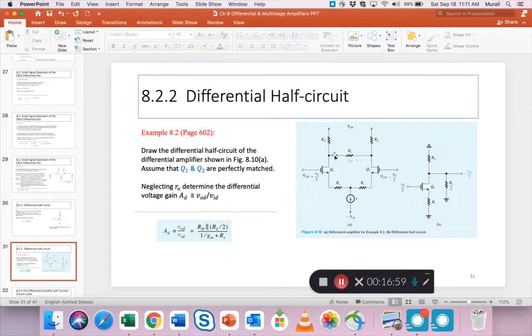But he says first draw the half circuit. So see how you draw the half circuit. This RL is split in two, so you take only RL by 2 into consideration. Okay. All right.